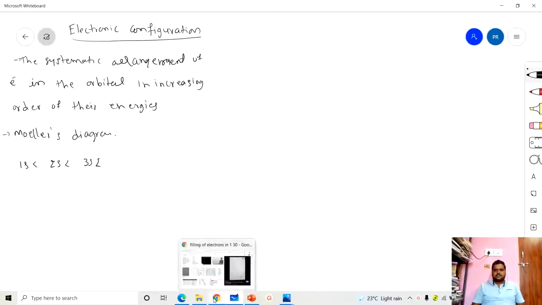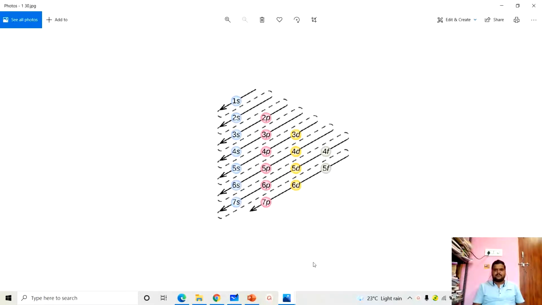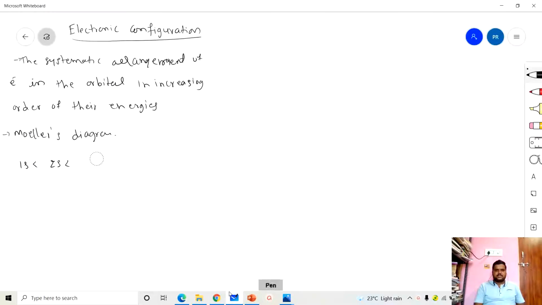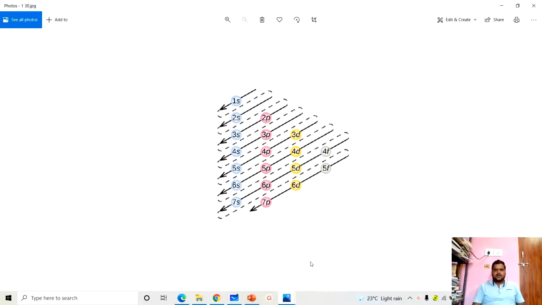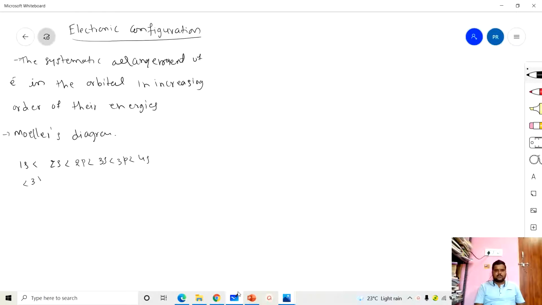So I am saying 1s is less than 2s, 2s less than 2p, 3s less than 3p, less than 4s, and next after 4s comes 3d.